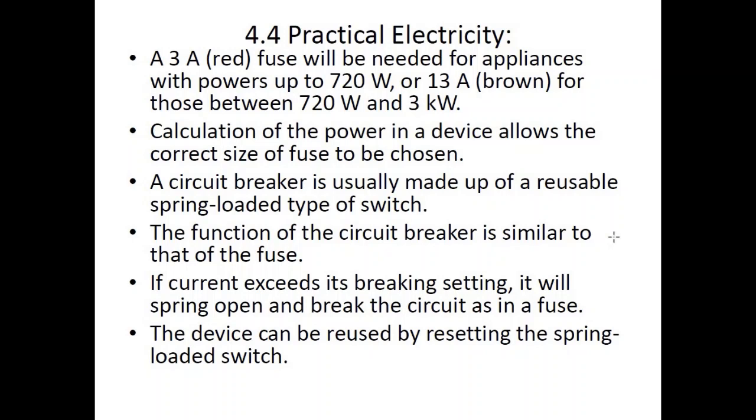And once you have turned off the excessive current, or you have taken care of the short circuit or whatever was the problem with the electricity, you can simply push the button back up and the trip switch or the circuit breaker is good enough to be used again until there's another incidence of excessive current flowing through the circuit. A trip switch or a circuit breaker is basically reusable.